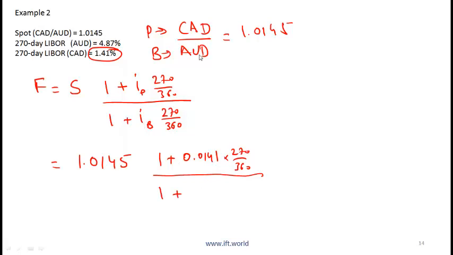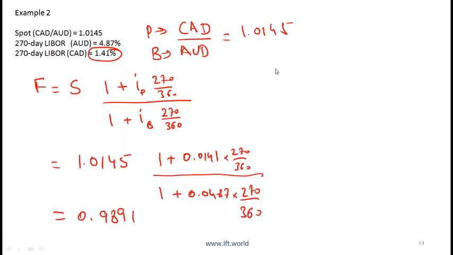The base currency is the Australian dollar, interest rate 4.87%. So we put 0.0487 into 270 over 360. If we do the math, what we will get is 0.9891. So essentially this is saying that the 270-day forward rate on the Australian dollar is 0.9891.